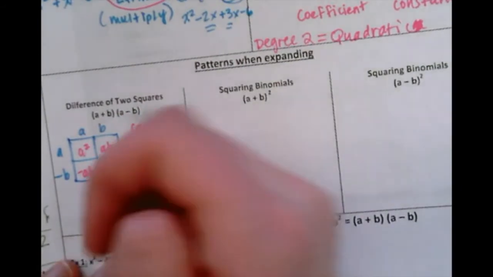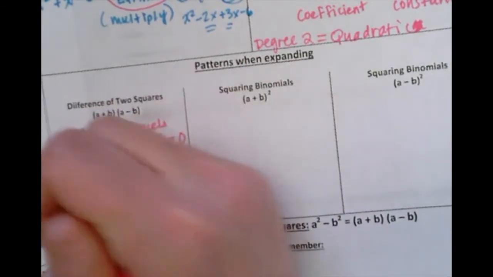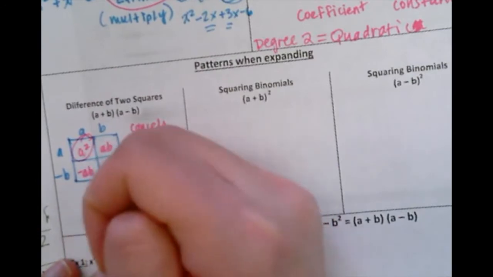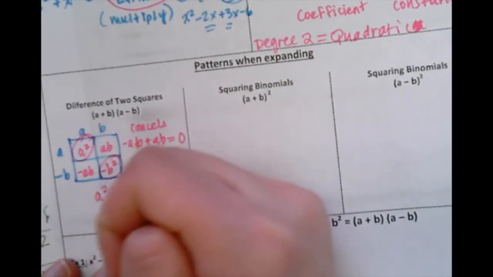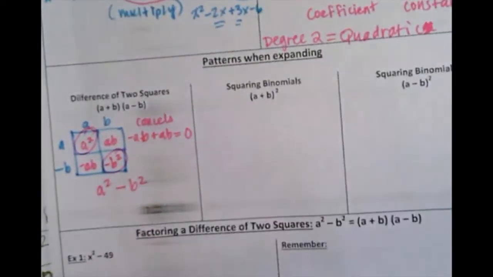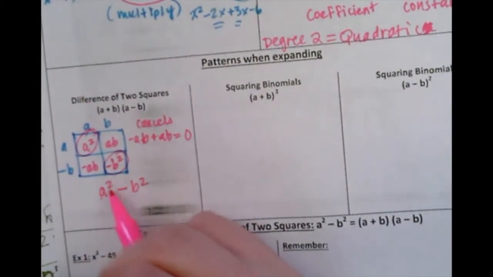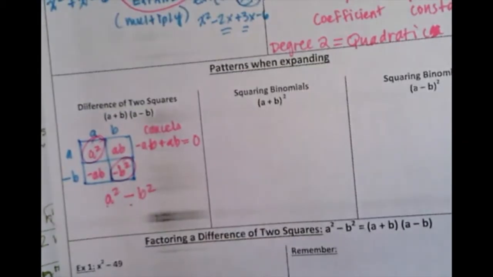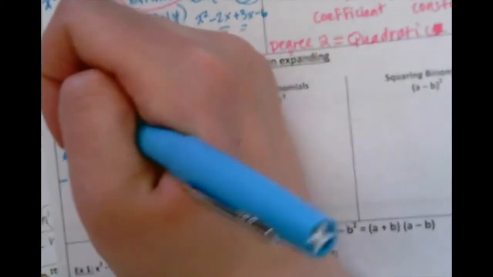So then what we end up with is just the first term, a squared, plus the second term, which is negative b squared. And we call this the difference of two squares because a is something squared, b is something squared, and it's a difference, right? By difference, I mean subtraction.